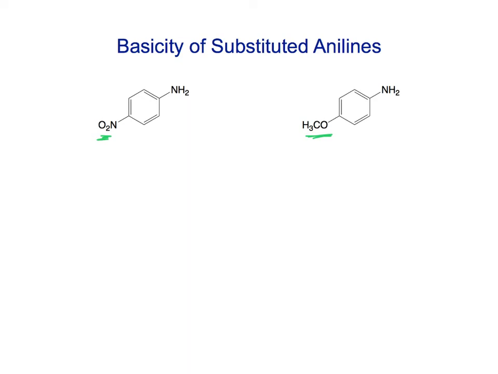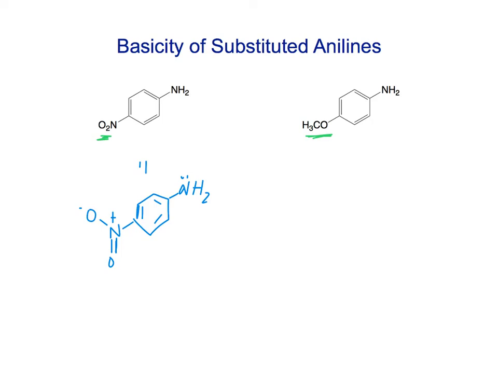On the left? All right, so what we need to think about here is resonance, right? So let's, here, that's not really in equilibrium. I'm just going to redraw it first with the Lewis structure of the nitro group drawn out. Like this.